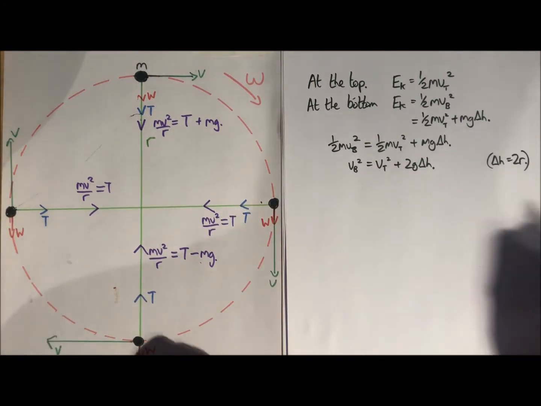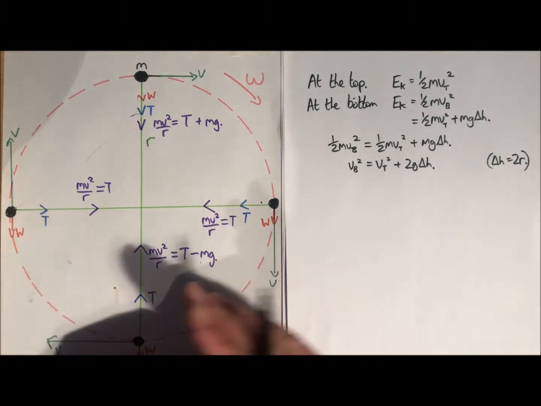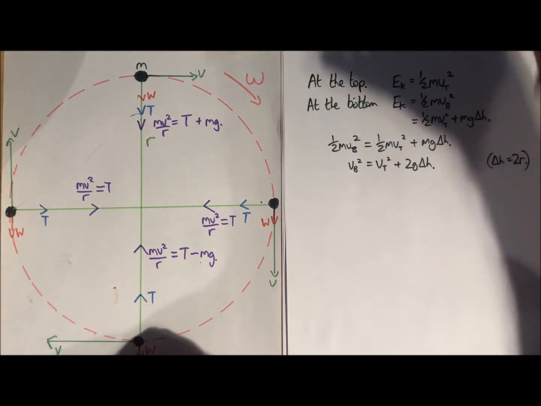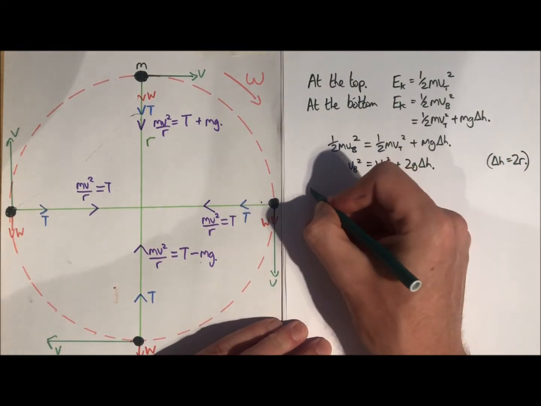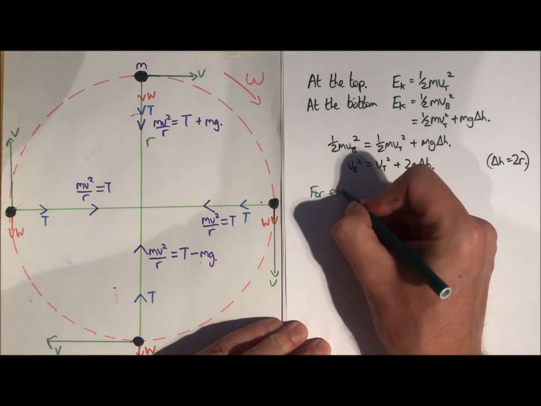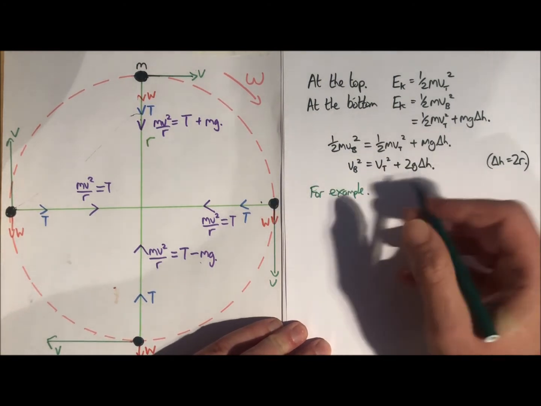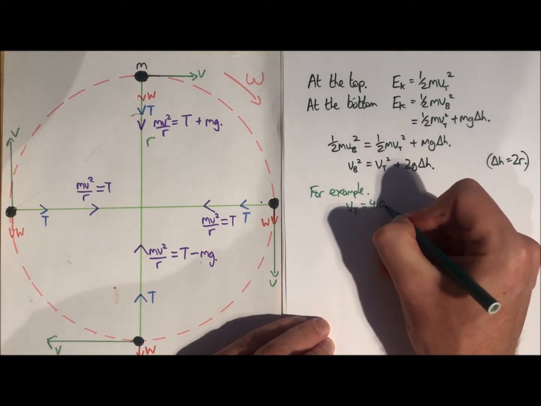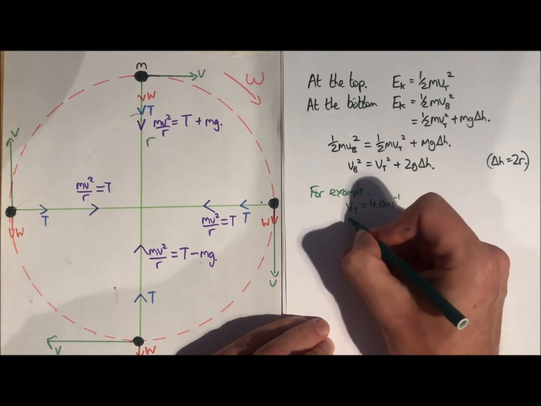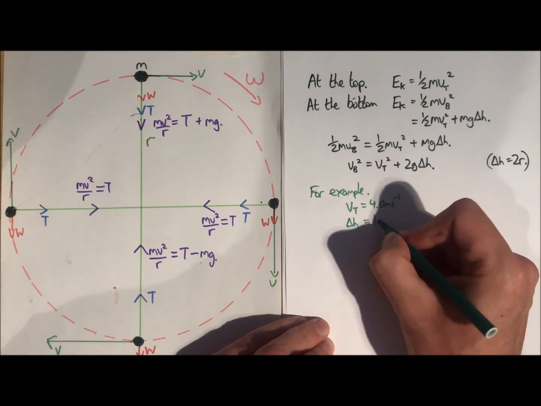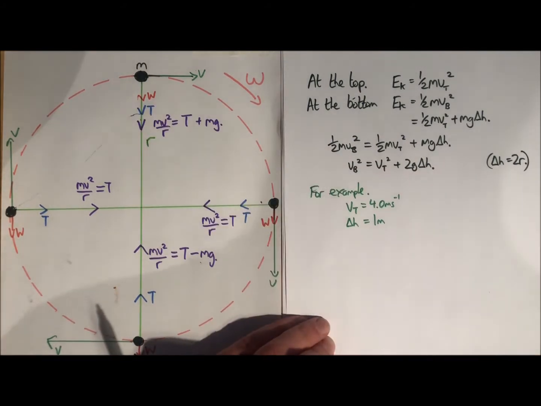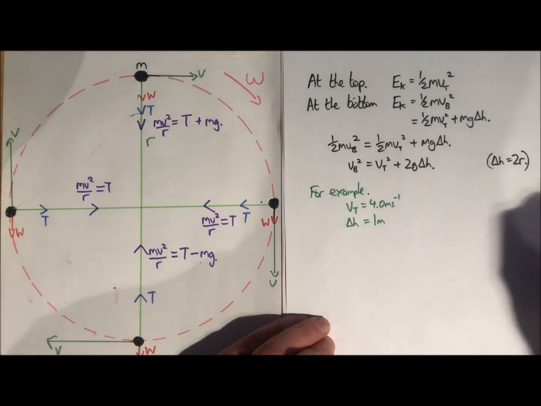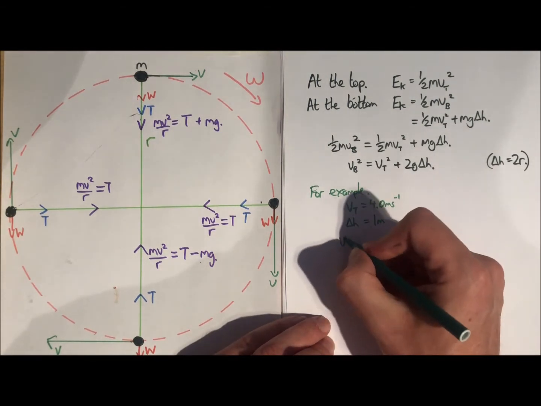Now we can use our example here. If we go back to our example, the velocity at the top was 4 meters per second, and it was a 0.5 meter radius circle, so the change in height would be a full meter. We can easily substitute in some numbers to work out what the velocity at the bottom would be.